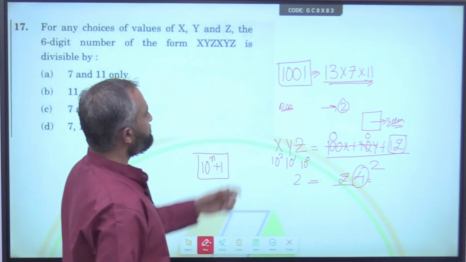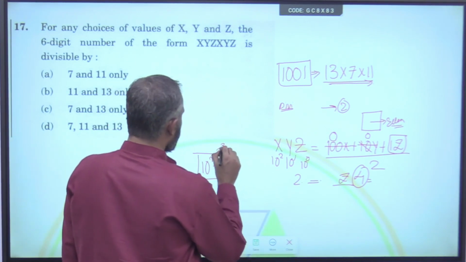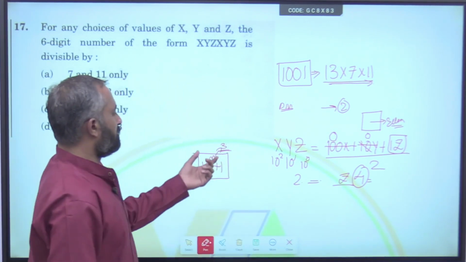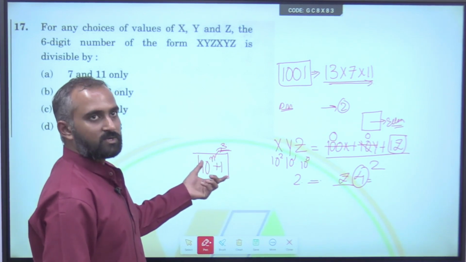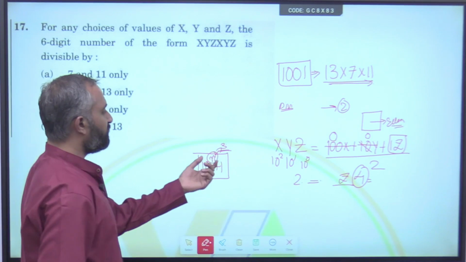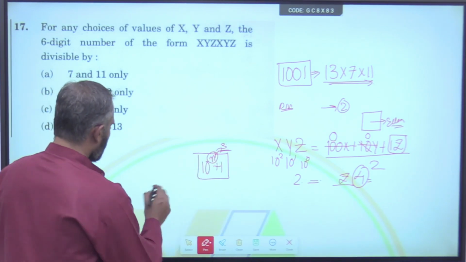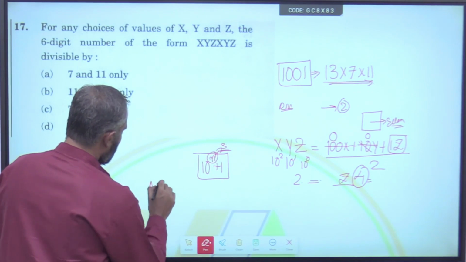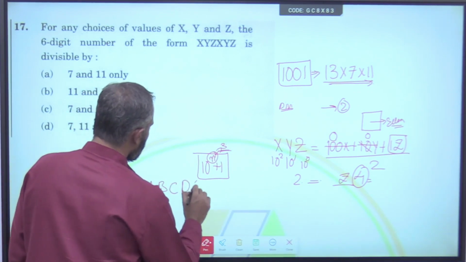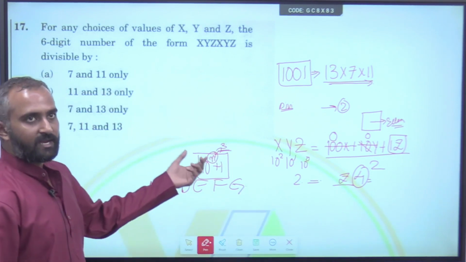where here n is 3. For all questions of this type, you should make groups of n digits. For example, you get a number ABCDEFG.